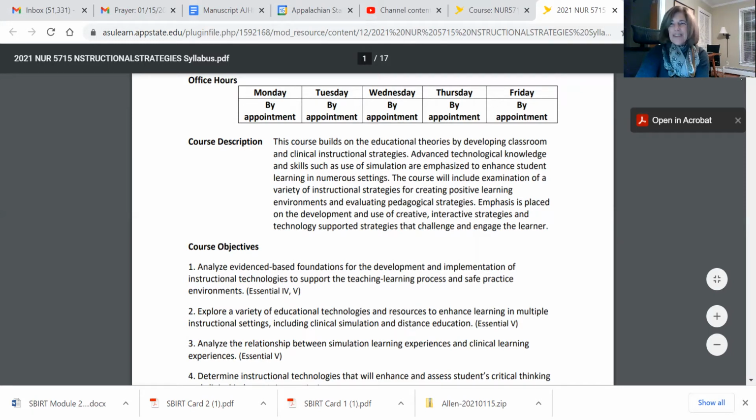Or obviously in the application setting of your educational practicums, you may be experiencing some of this if you are working currently on your education certificate and not on a project specifically. So there's lots of opportunity to meet these objectives.